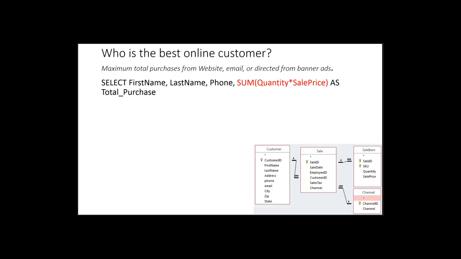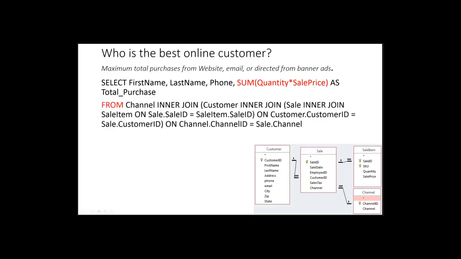So select statement includes the customer name and phone, and then sum of the quantity times sale price, total purchase calculated. From the join of these 4 tables, if we look at this join from the innermost parenthesis, sale inner join sale item.